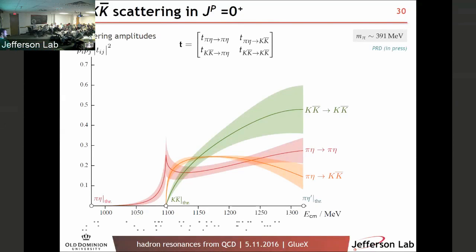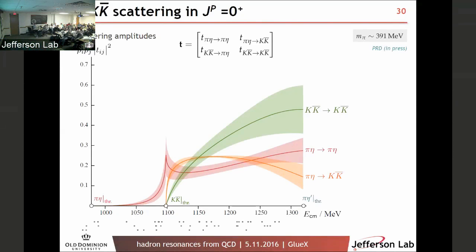This is kk bar threshold, because remember we're working with these artificially heavy quark masses, so it's not at the 980 it would be experimentally. It's clearly something happens there. And then pi eta to kk bar turns on very rapidly at threshold, and kk bar to kk bar turns on very rapidly at threshold.